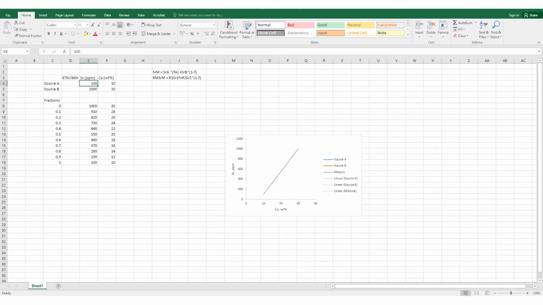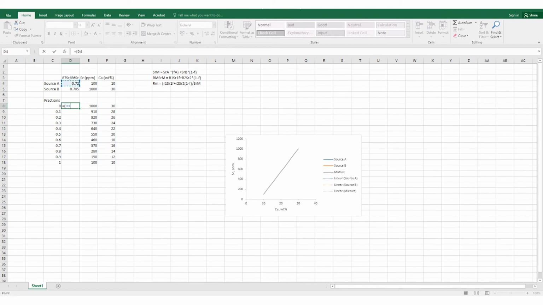Let us say strontium, which is at lower concentration, is expected to have a higher 87 by 86, so we will make it 720, and let us say source B is 705. We will try to find the mixture value. R M will be equal to R 1 strontium 1 F plus R 2 strontium 2 into 1 minus F, divided by strontium M. So we will use this. So, what is there?